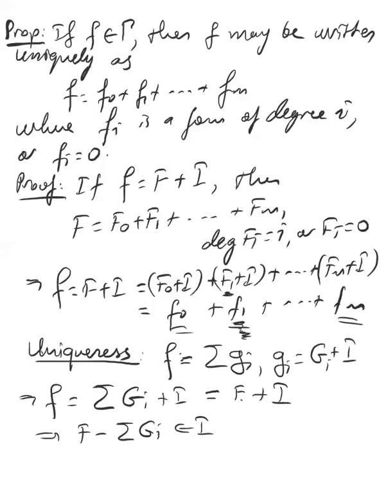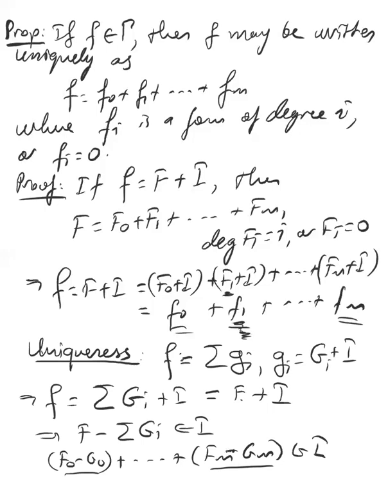namely f0 minus G0 plus ... plus fm minus Gm is in I, so that these are the components of degree i, so homogeneous parts.